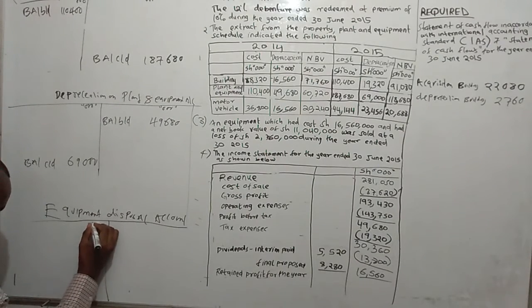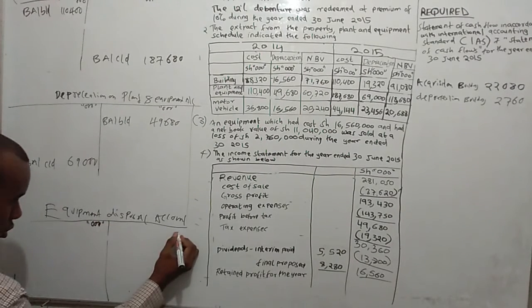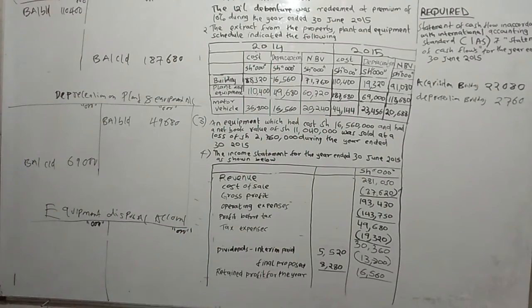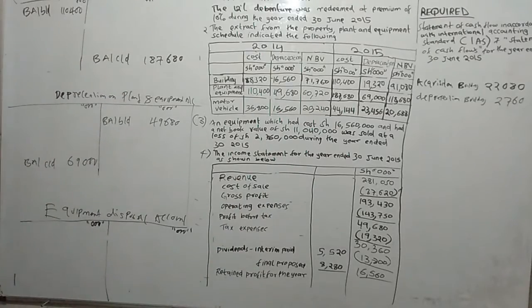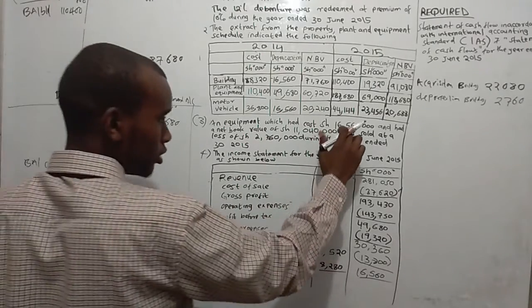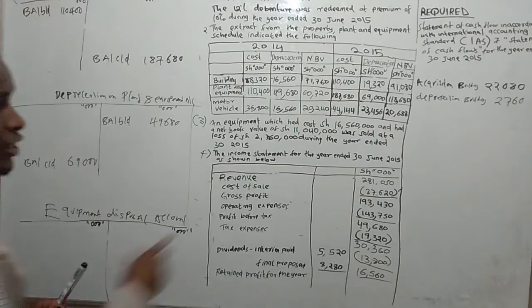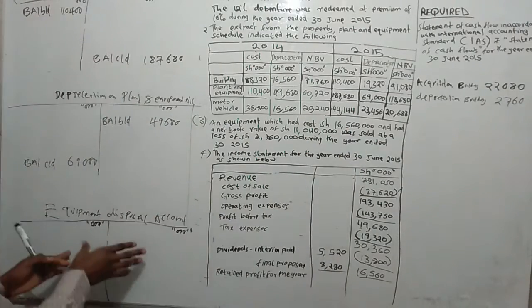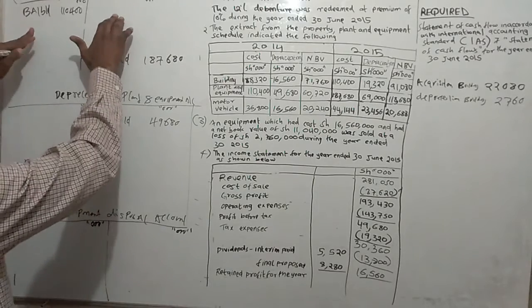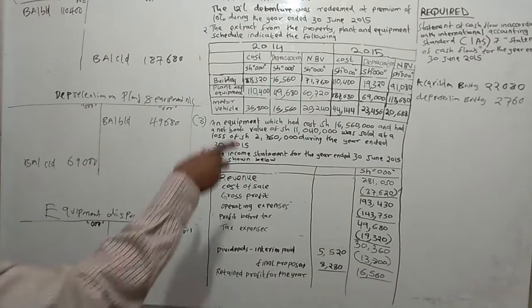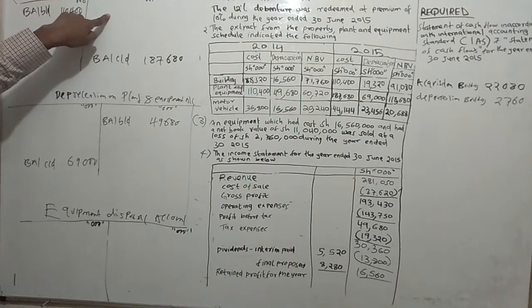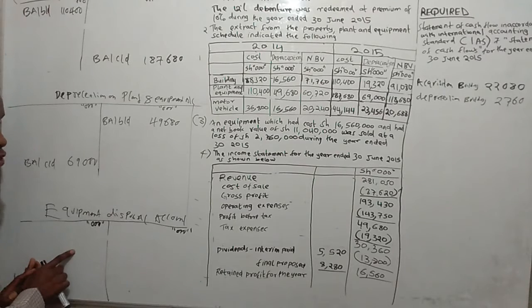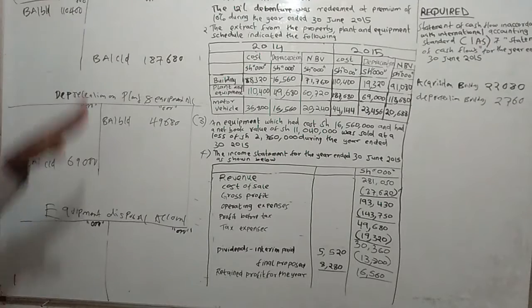Remember, these figures are in thousands. So let's have here equipment. With this disposal value, it's going to affect two accounts. It will affect our disposal account, and also it will affect our plant and equipment. This disposal will reduce our asset. That means we are going to credit the asset, but we debit the disposal account.